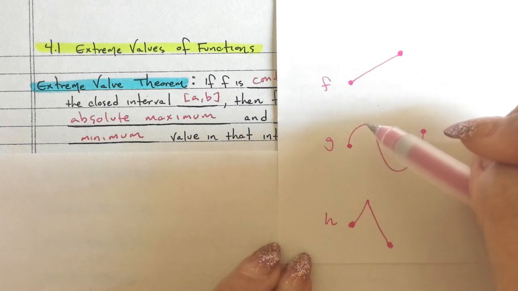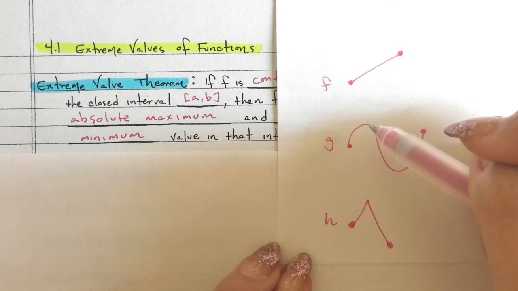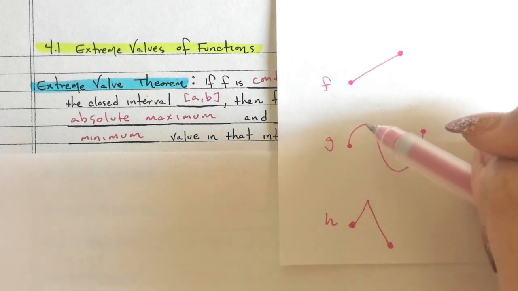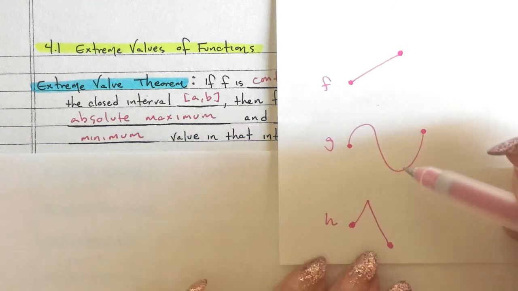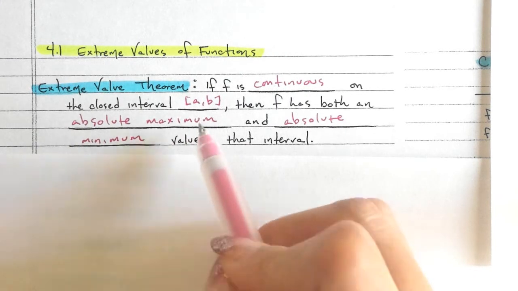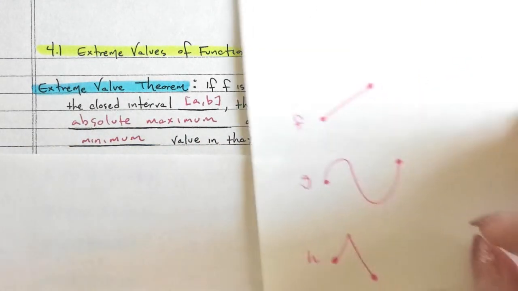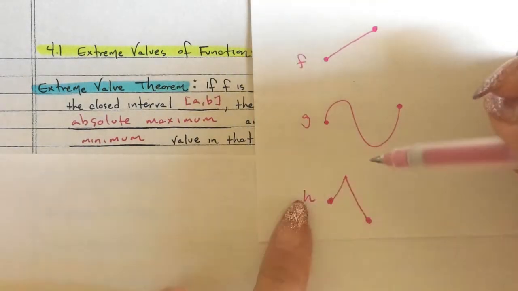And then the absolute minimum is obviously right here. That would be the y value of the function that is the absolute max, and the y value that is the absolute min. Because when they say the absolute maximum, they're saying the absolute maximum of the function. What is f? f is a y value. And then something like this as well.